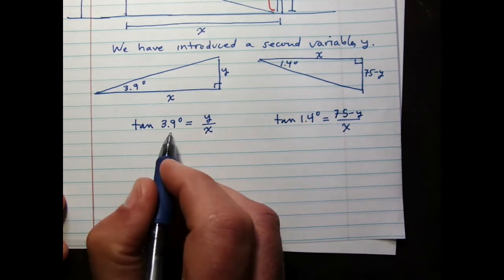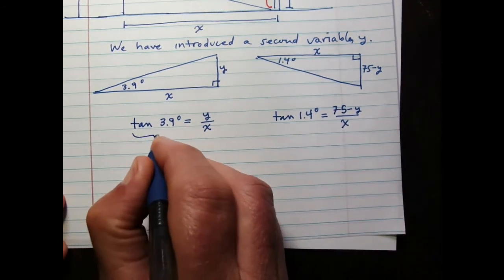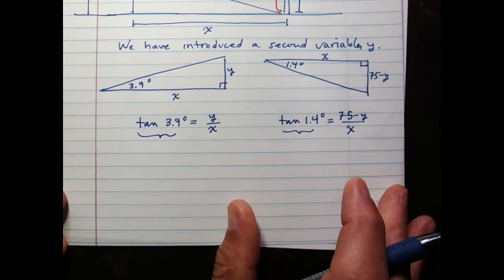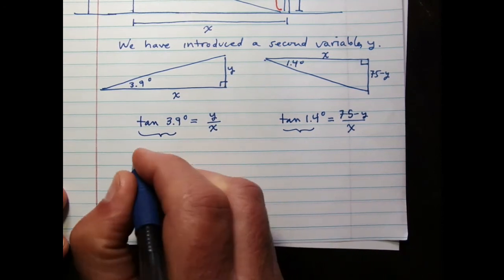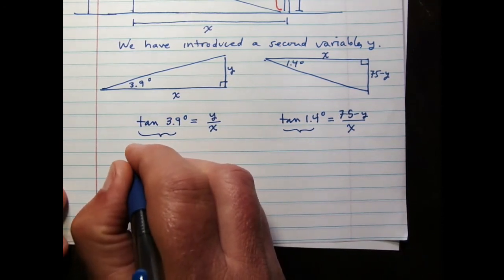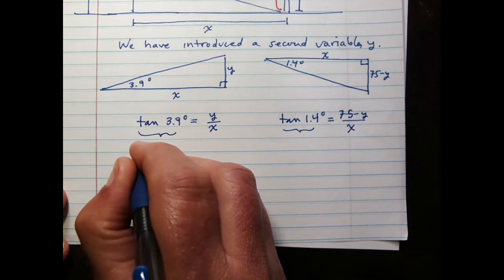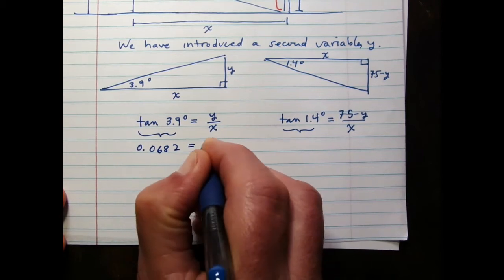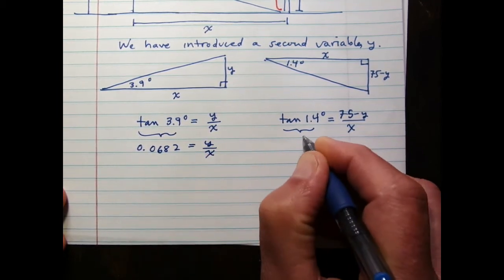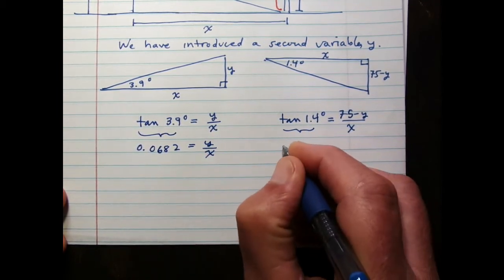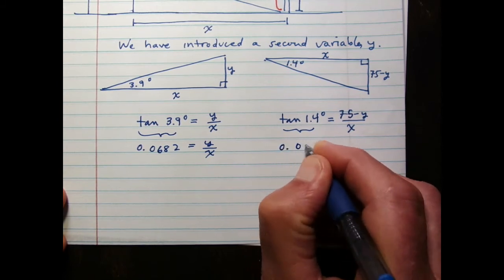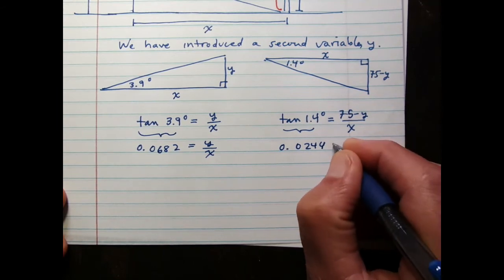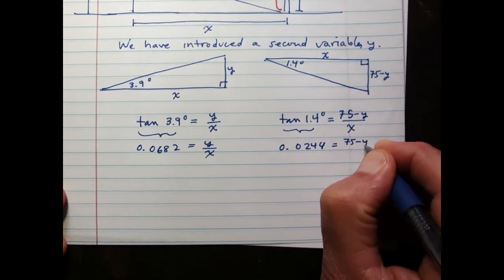I could try to work with the tangent expressions, or I could substitute in decimals that I get from my calculator. I'm going to go ahead and substitute in the decimals that are rounded off at 4 places. For the tangent of 3.9 degrees, I get 0.0682 equals y over x. For the tangent of 1.4 degrees, I get 0.0244 equals 75 minus y over x.